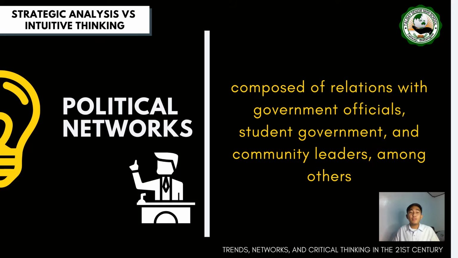And one of the relationships that we are building is related to politics. So when we say political networks, meaning we are having attachments with certain leaders like the government officials, which affects our way of thinking and our decision making. So that is political networks.